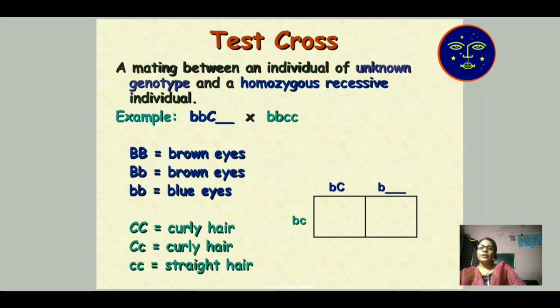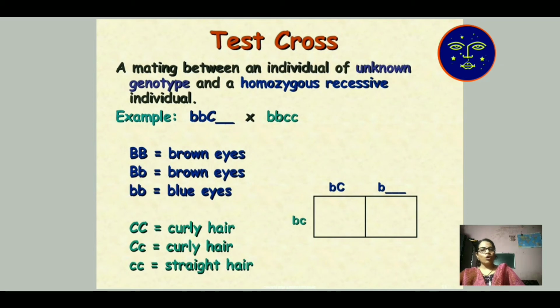So capital B is for brown eyes, because capital B is the dominating character. Small b is for blue eyes, whereas capital C is for curly hair.